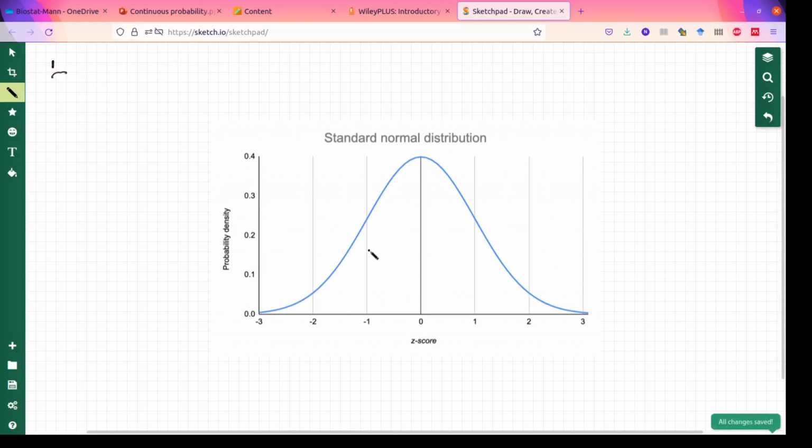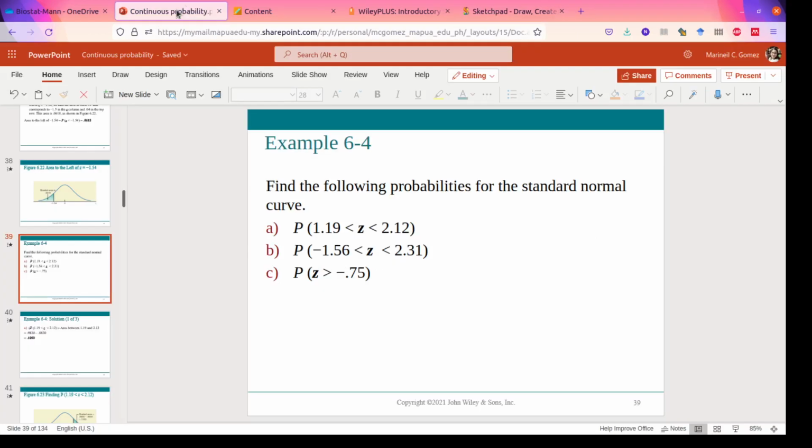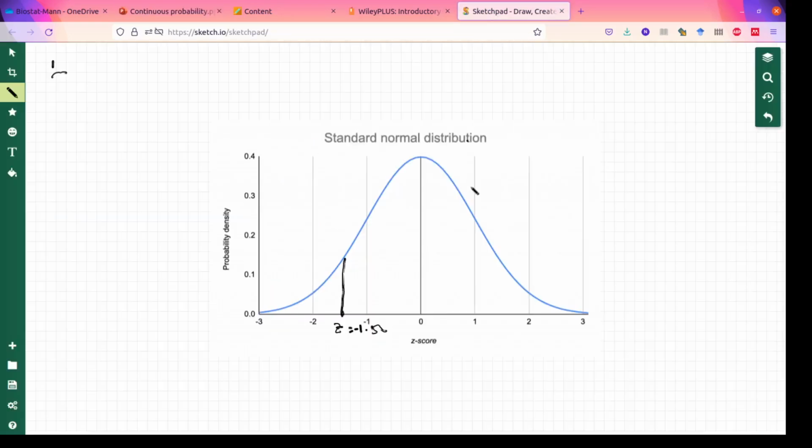Negative 1.56 is around here, so our z is equal to negative 1.56. And the other value is positive 2.31, around here. So we want the area between them.